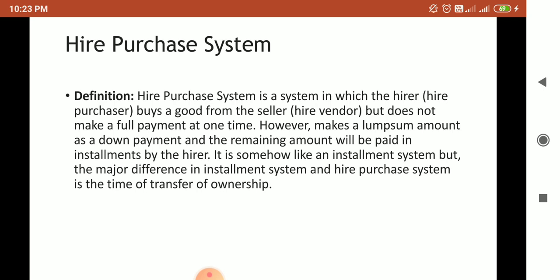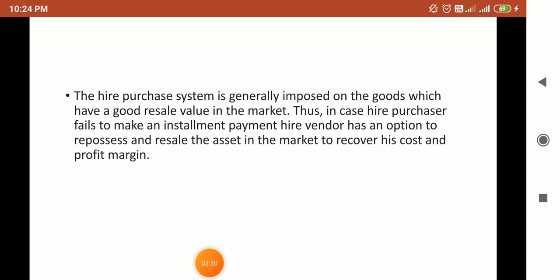Here, hire purchase system is a system of purchasing a product by not paying the full amount at a time, but by paying in installments. A down payment will be made, and the remaining amount will be paid as installments. So this is the simple meaning of hire purchase system. The hire purchase system is generally applied to goods which have a good resale value in the market.